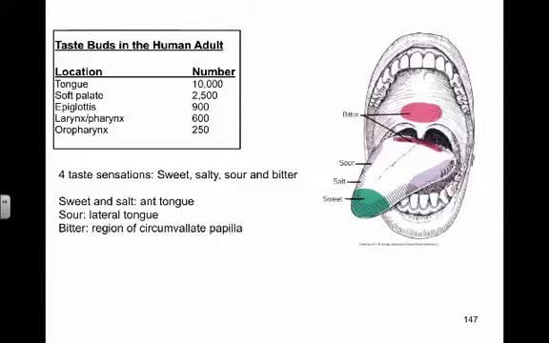You have these sensations: sweet, salty, sour, bitter, umami. We say sweet and salt are in the anterior part of the tongue, sour in the lateral part, and bitter toward the posterior part of the tongue. Actually, bitter is also on the soft palate.